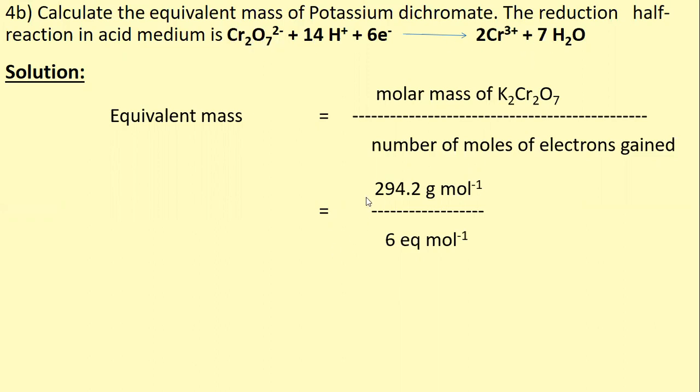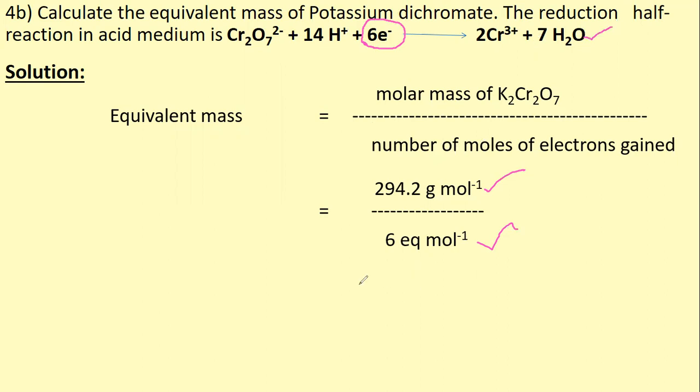So now the molar mass of potassium dichromate and the 6 equivalent, that is the number of moles, that is the equivalent factor. Here the equivalent factor given in the question itself is 6 electrons. In the acid medium, we all know acid means it will have the presence of H plus ion and H2O on the product side.